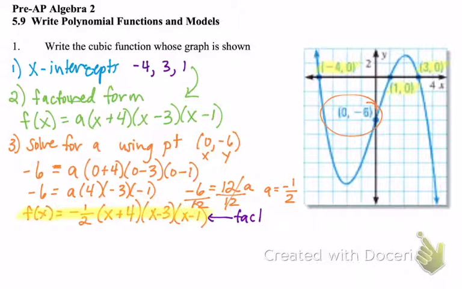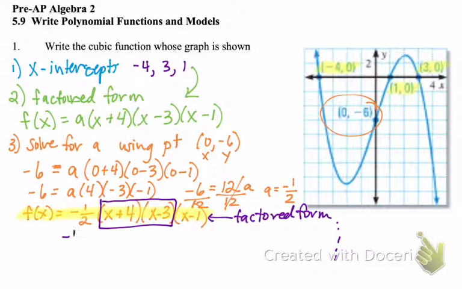Sometimes I will, but sometimes I'm evil and I say put it in standard form, which would mean that I need to multiply everything out. So I'm going to start with these two because when you're multiplying 3 binomials together, you start with the first two.